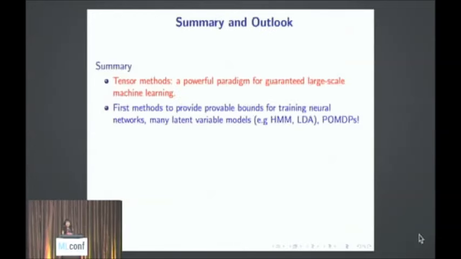So let me summarize by saying that tensor methods offer a nice middle ground between matrix-based methods, which do not incorporate a model and cannot build a very complicated system, and general optimization with general loss functions that could be arbitrarily non-convex and have lots of bad local optima.